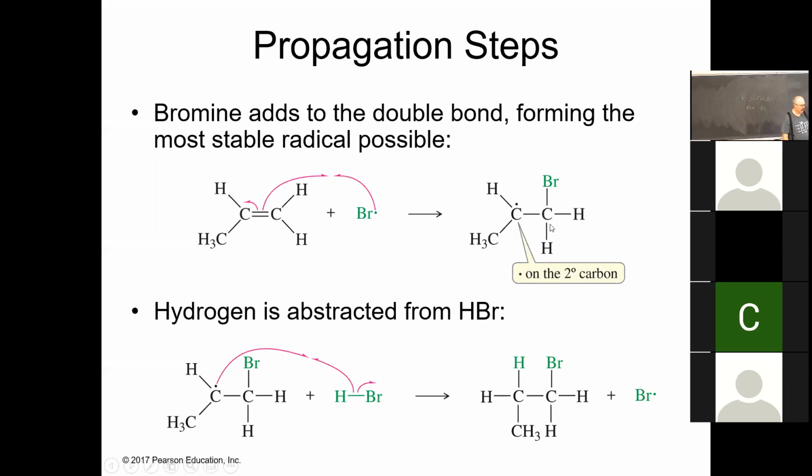Bromine goes to carbon number 1, which gives us the more stable secondary free radical. This free radical then can abstract a hydrogen from HBr, and this is our product. We could also have a termination step where this free radical joins with a bromine free radical. But we get the anti-Markovnikov product, and that's because the more stable secondary free radical is formed.